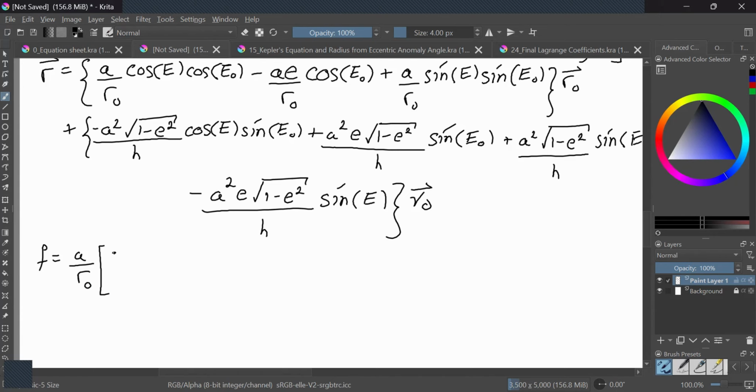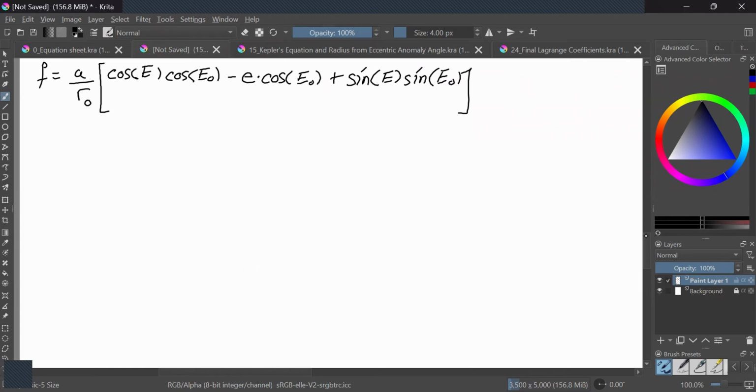We have cosine E cosine E naught minus E times the cosine of E naught plus sine E sine E naught. Now that I have copied that over, I'm going to scroll down.